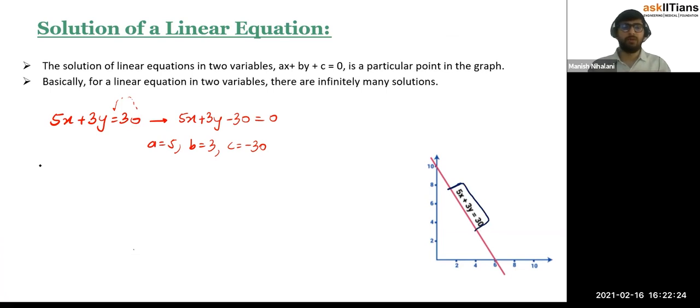Substitute x equal to 0, and you get y equal to 10, so 0 comma 10 is a point. Substitute y equal to 0, and you get x equal to 6, so x equal to 6 and y equal to 0 is another point. When you connect these two points, you get a straight line. This is how the graph of a linear equation looks: a straight line.